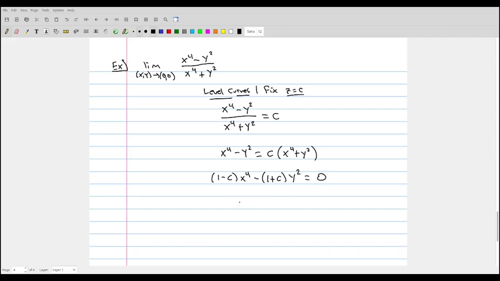So we get the equation y squared is equal to 1 minus c over 1 plus c, times x to the fourth.